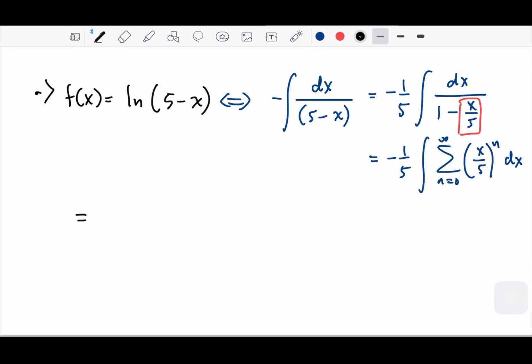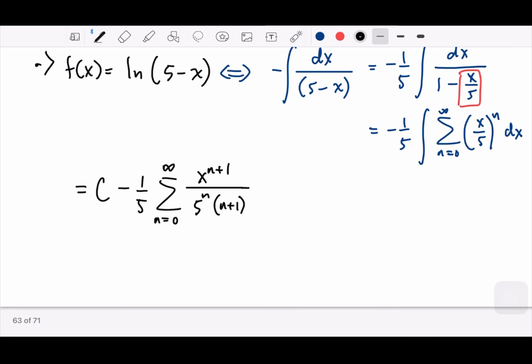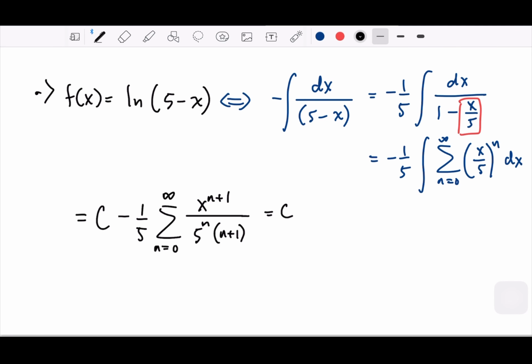So of course we can try to deal with the integration. So we will have x^n, or let me write a constant, minus 1 over 5. So x^(n plus 1), this is 5 over n, and also n plus 1. Or we can simplify it.